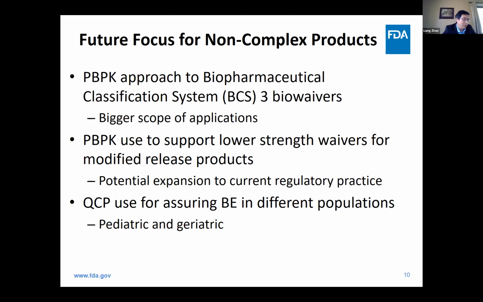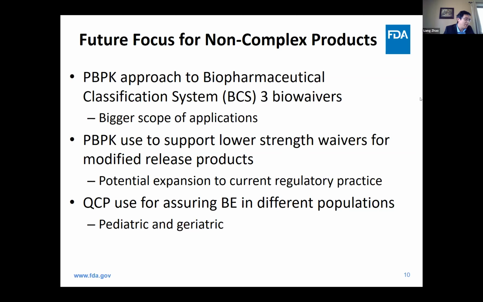For non-complex products, we need to work together on using quantitative method modeling to expand the scope of BCS3 biowaivers. One practical question to address is when and how a non-Q1, Q2 product can be qualified for a BCS3 biowaiver. Biowaiver means you don't need to conduct an in vivo PK study based on the formulation characteristics and attributes.